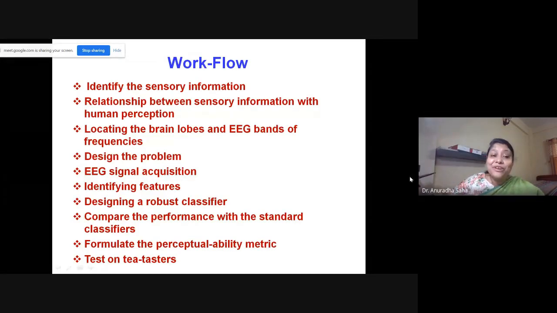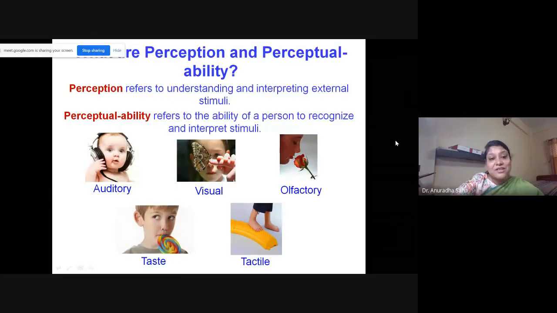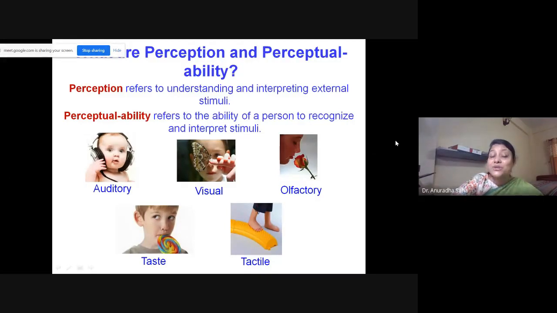So whenever we have this workflow, we are able to start with the perception. Why is this perception? Because whenever we know that this is tea taster selection, it must be associated with some kind of smell, right? Some kind of aroma of tea leaves.